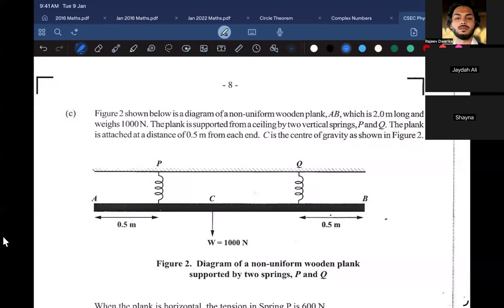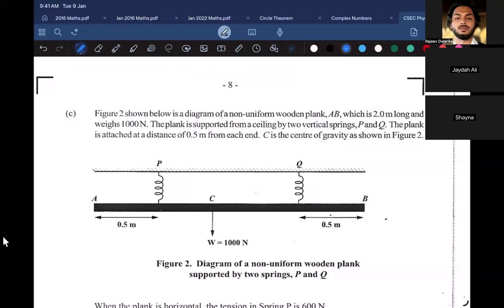Figure 2 shown below is a diagram of a non-uniform wooden plank, AB, which is 2.0 meters long and weighs 1,000 newtons. Okay, wait, stop. I want you to pay attention to something, Jada. They said that the diagram is showing a wooden plank, a what?